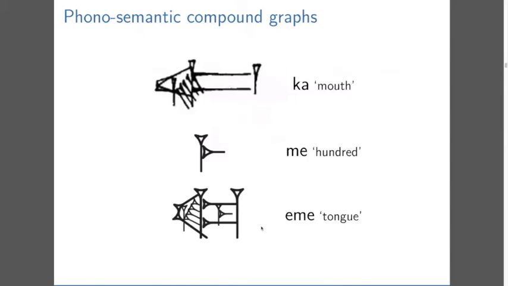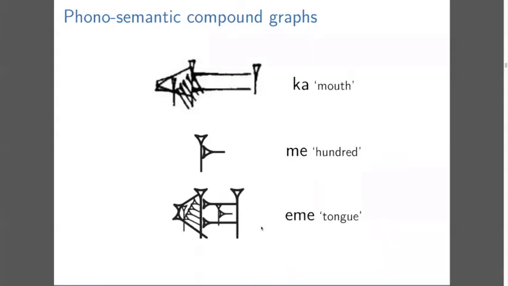Okay, so now you can make phono-semantic compound graphs where you have some indication of the sound and some indication of the meaning. So here, I'm giving the example that you see at the bottom of the slide of eme, which means tongue. So this sign is formed by putting me, which means 100. It doesn't have anything to do with tongue semantically, but has a certain phonetic similarity.